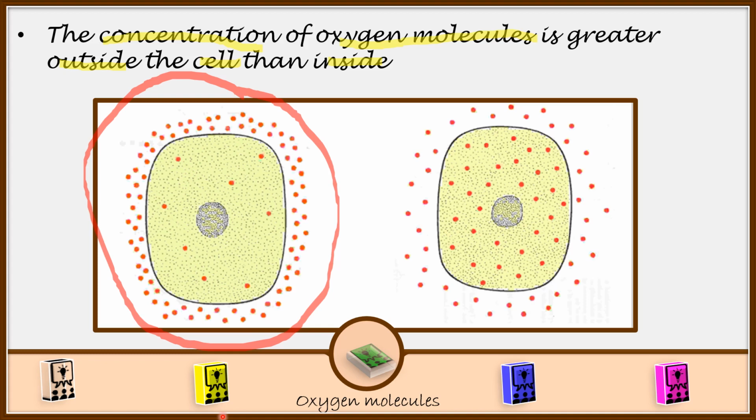So what is going to happen is that the oxygen is going to diffuse from outside, where the concentration is high, into the cell, where the concentration of oxygen is low, because of the concentration gradient created between the cell and the outside.